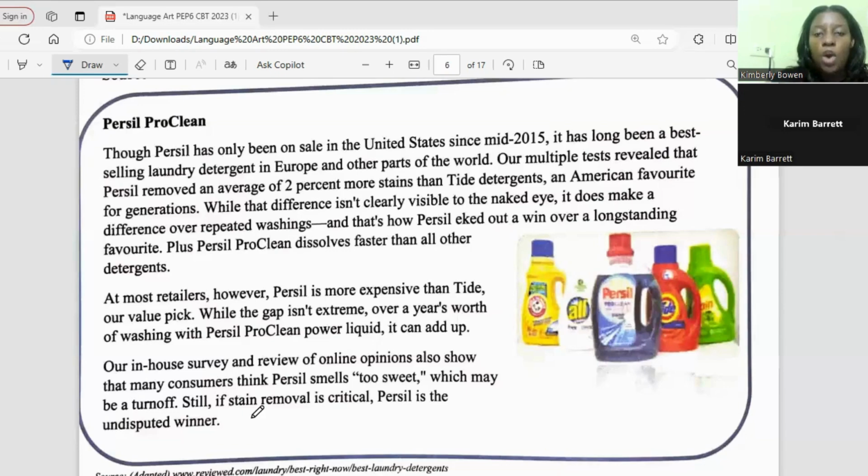And that's how Persil eked out a win over a long-standing favorite. Plus, Persil Proclean dissolves faster than all other detergents. At most retailers, however, Persil is more expensive than Tide or Value Pick. While the gap isn't extreme, over a year's worth of washing with Persil Proclean Power Liquid, it can add up.